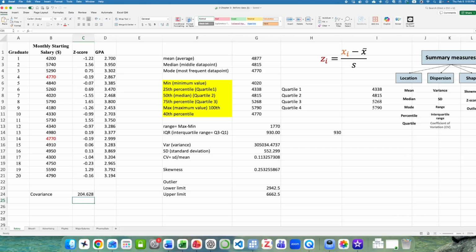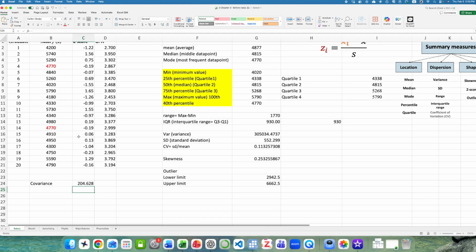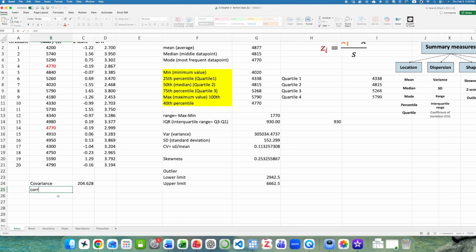Covariance tells us the direction of the relationship, but not the strength of the relationship. In order to find the strength of the relationship, we measure another metric named correlation. Correlation is a standard measure from -1 to 1, and it basically shows the intensity of the relationship.